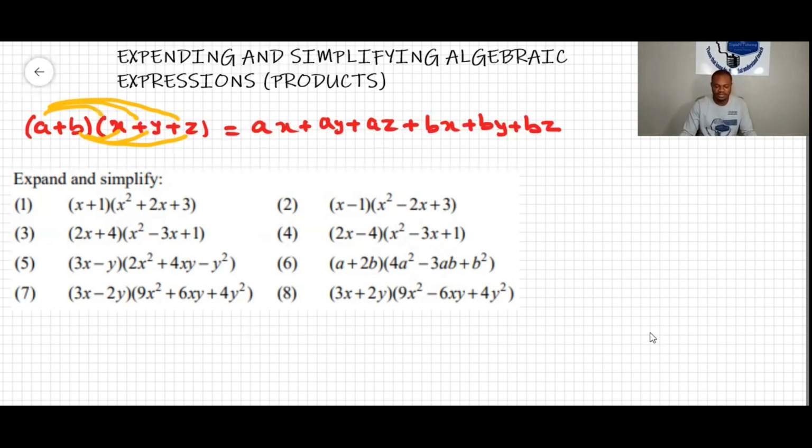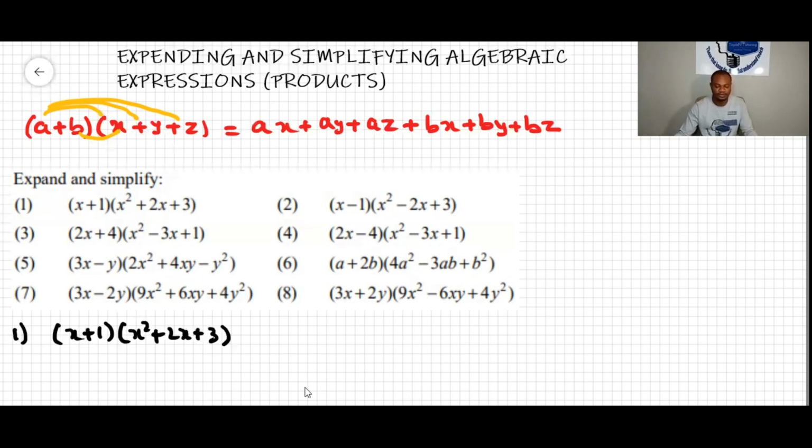Now let's start question 1. We have x plus 1, and then x squared plus 2x plus 3.